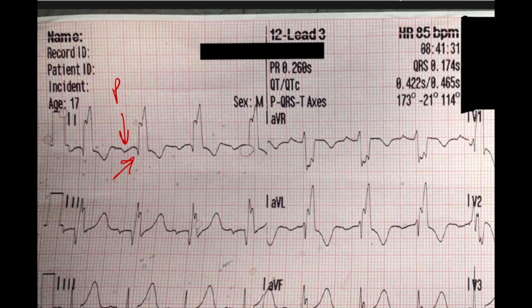It is a little bit of the high lateral view along with V5 and V6, which should have Q waves. But here, if we go to our baseline, it's really encroaching on that 2 millimeters of Q wave.